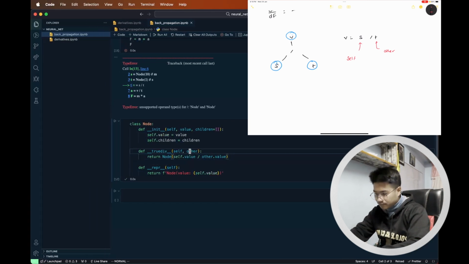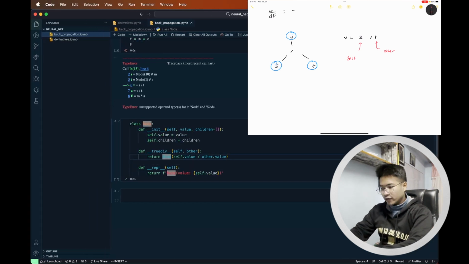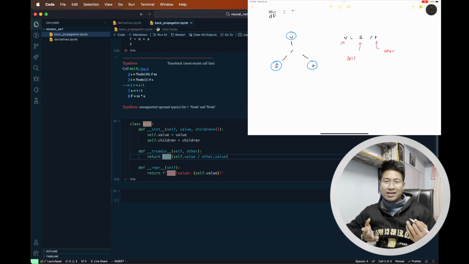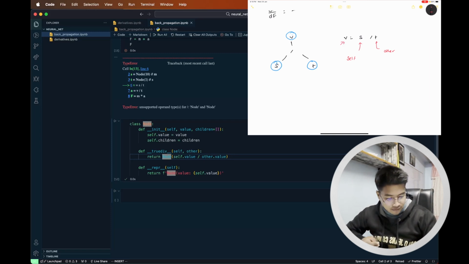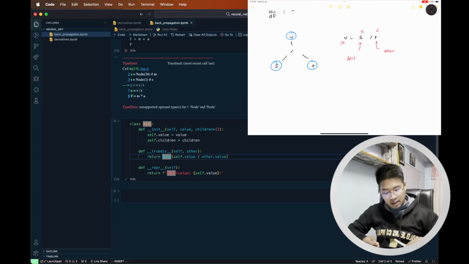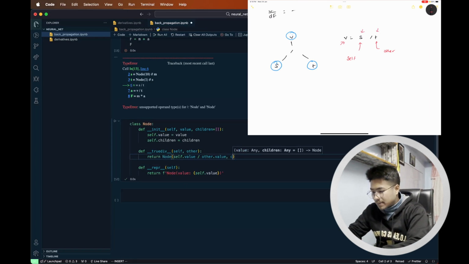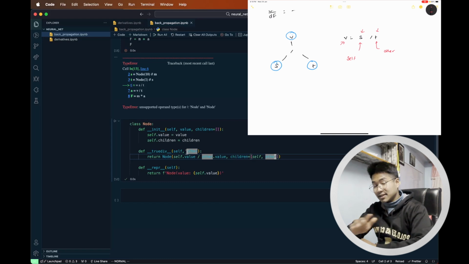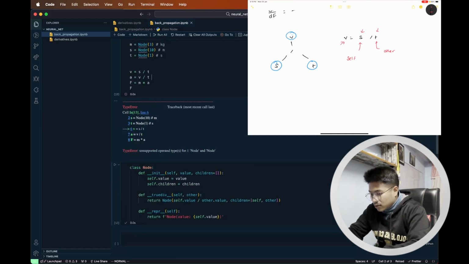And this thing that we return over here, what is that? That's a V, right? And what are the children for V? Children for V are S and T. So I should probably encode that over here by saying my children are self and other. Remember, self is S and other is T in this particular case. So good, I have that notion now.